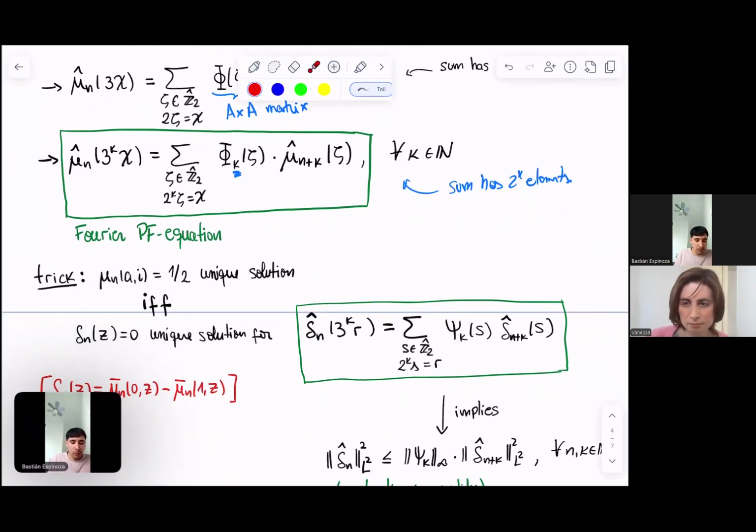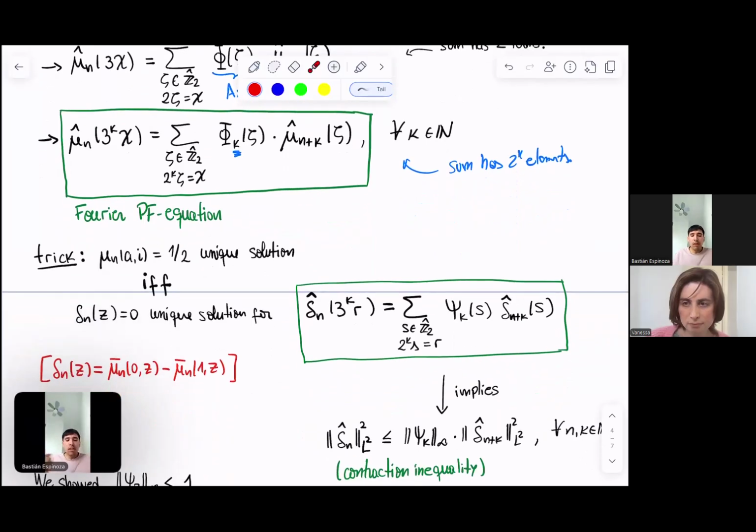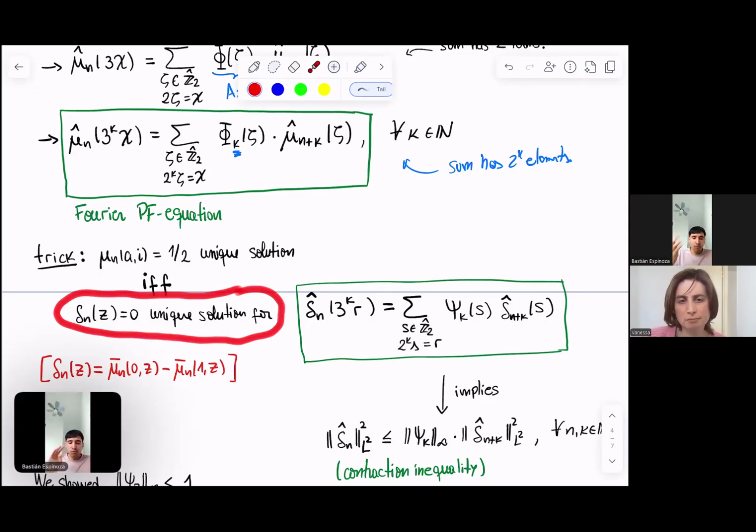So here I'm going to use this trick, which is the following. Instead of working directly with these vectors, I'm going to define now a complex, one-dimensional quantity, which is the difference. And this is natural to do because what we want to prove here is that 1/2 is the only solution. Equivalently, this is the same as saying that for this new variable, after doing the change of variable, 0 is the only solution.